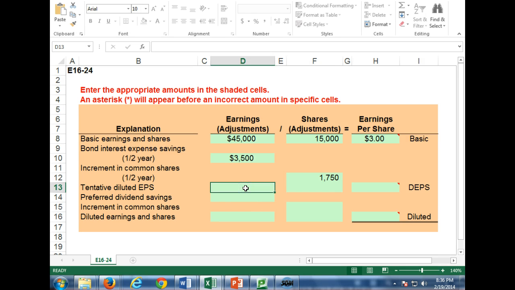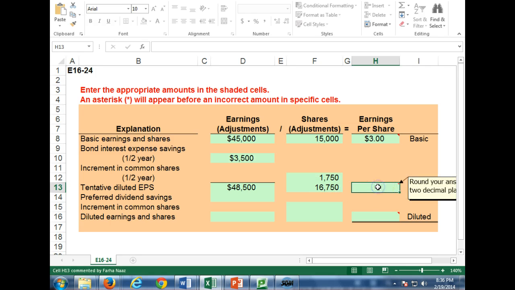Okay? So now we're at 48,500. Divide that by our 16,750. What's the new figure there? $2.90.